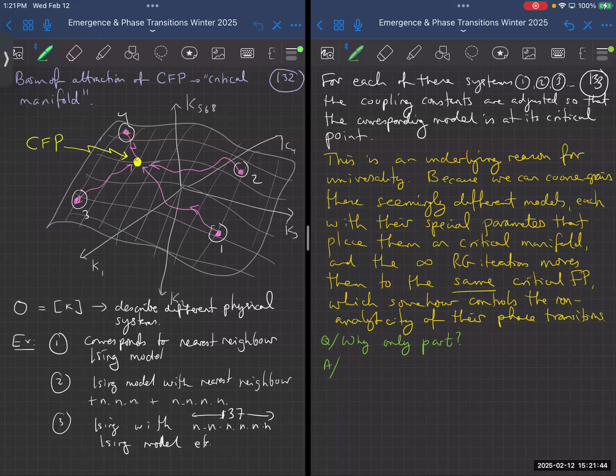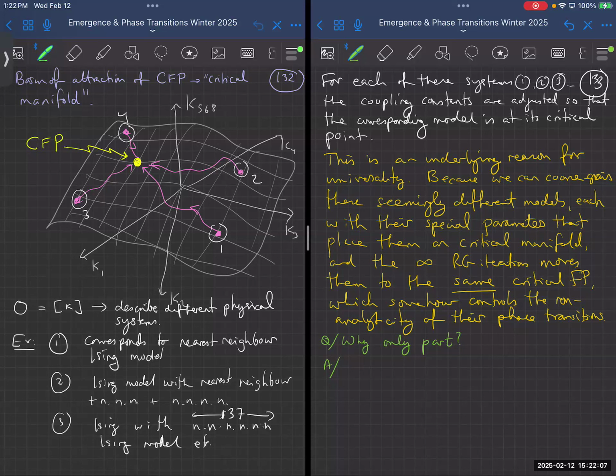And we also know that every point on the critical manifold has an infinite correlation length. So if I measured the properties of that system in the lab, I would find that it is at a critical point. It's undergoing a phase transition.